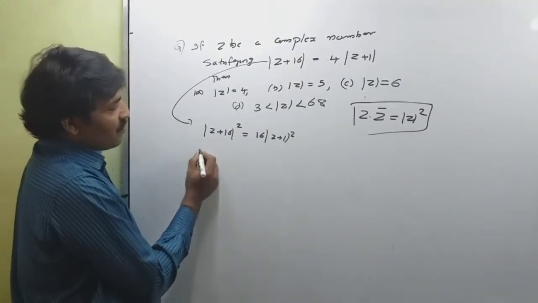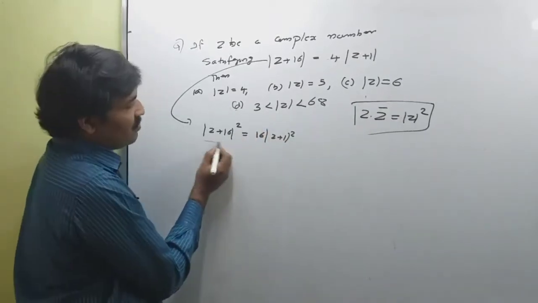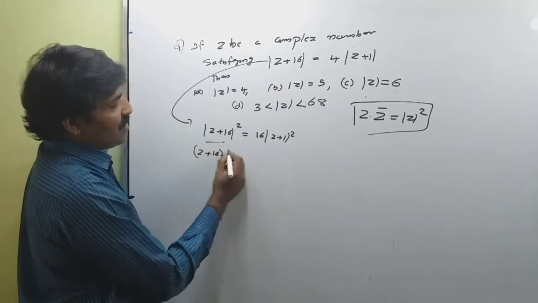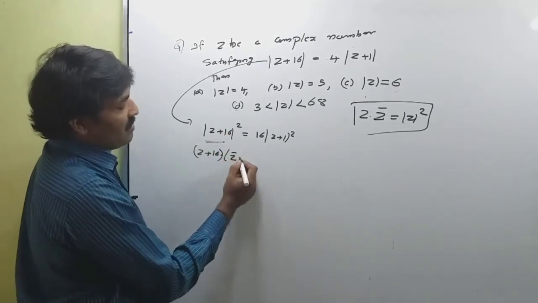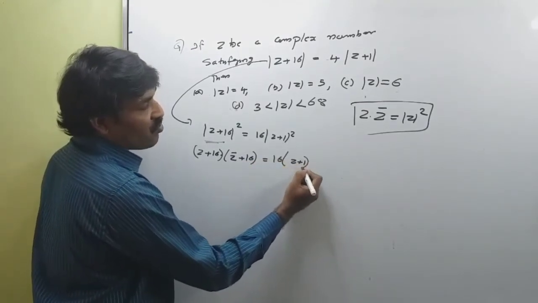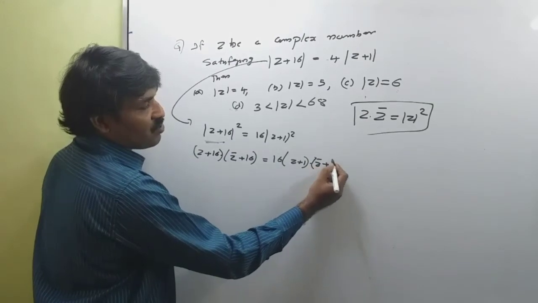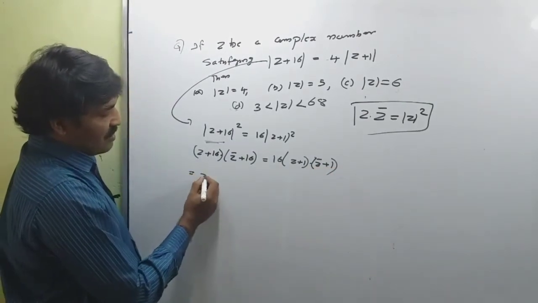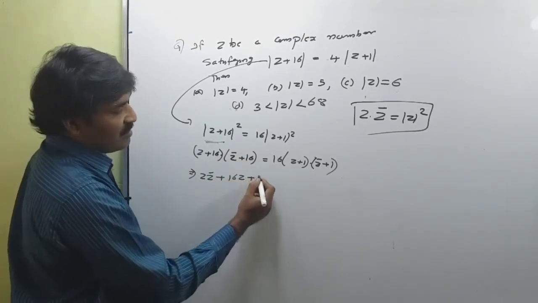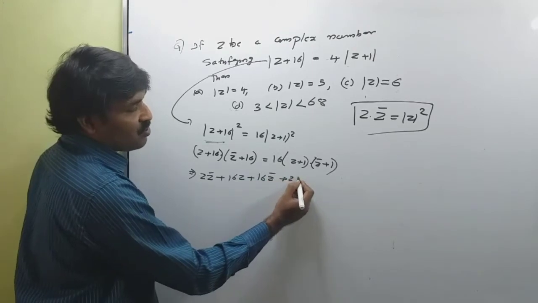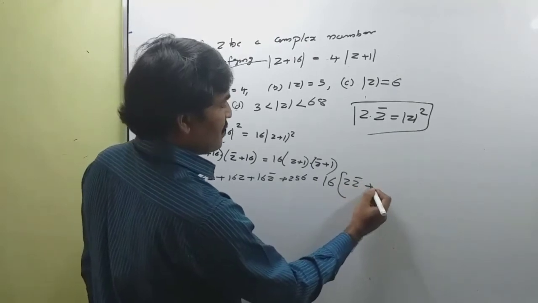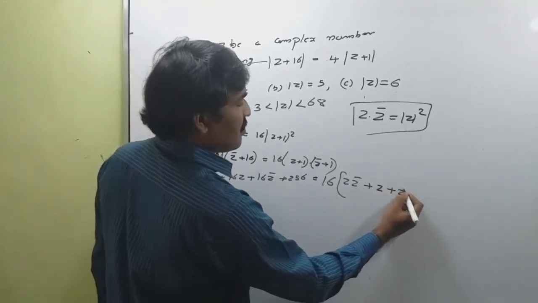Now by using this expression, this is equal to z plus 16 into z conjugate plus 16, equal to 16 into z plus 1 into z conjugate plus 1. So this implies z into z conjugate plus 16 z plus 16 z conjugate plus 256 is equal to 16 into z z conjugate plus z plus z bar plus 1.